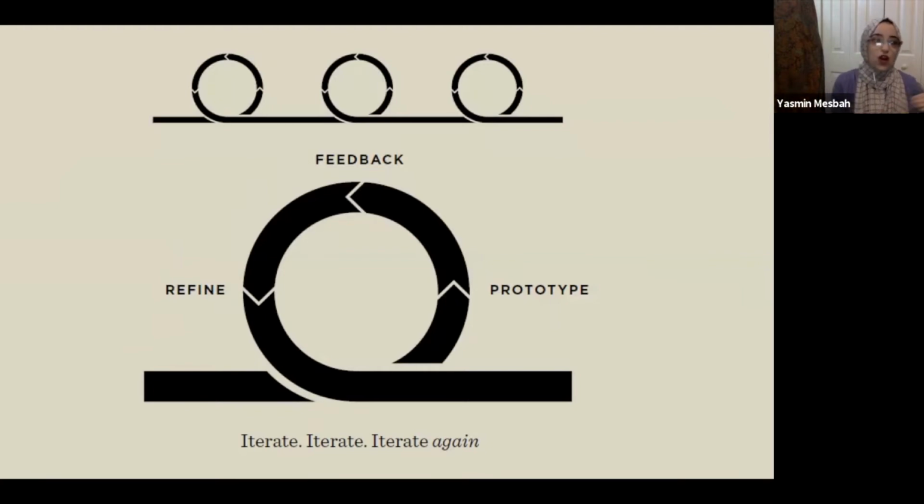So once you've gone past that stage and you've launched, that doesn't mean that you stop with that process, right? You want to continue with that process to make sure that you're continuing to meet the demands of your end customer. So you'll see that it's more of a loop, right? It's not a linear process.